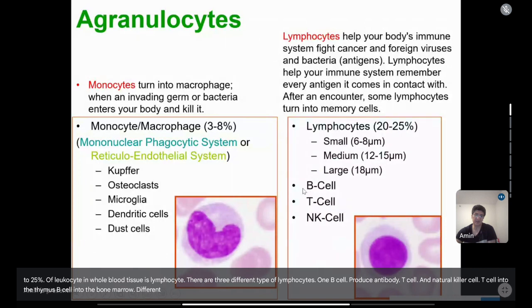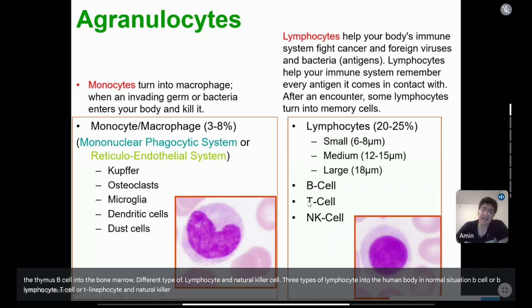These are the 3 types of lymphocyte in the human body in normal situation: B cell or B lymphocyte, T cell or T lymphocyte, and natural killer cell.